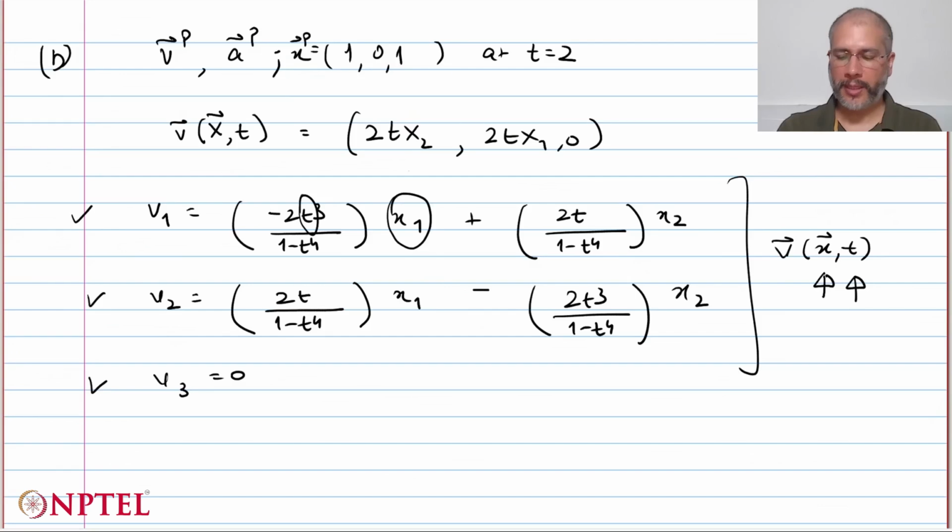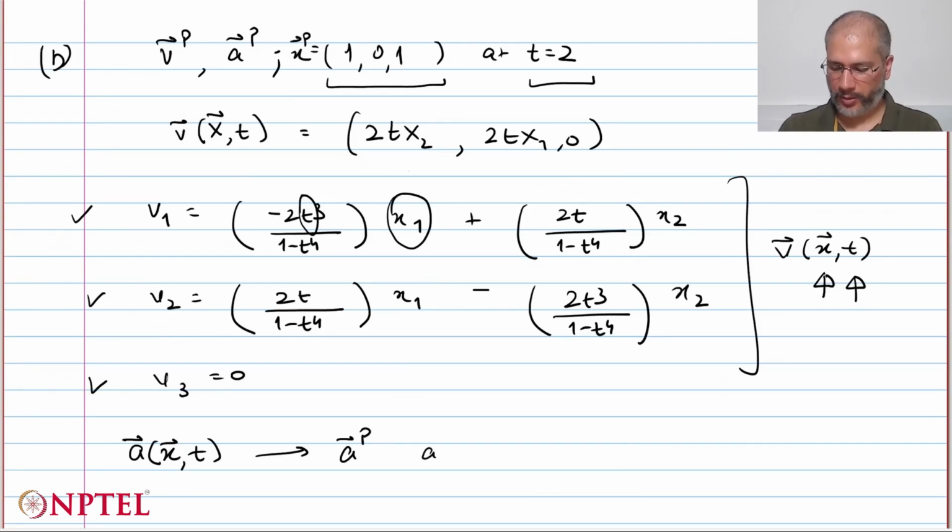And since we want to find the velocity of a given particle position and a given time, you can substitute these and get the value that is required. I'll let you do it, and I'll also let you figure out the acceleration field as a function of small x and t, and then use that to find the acceleration of the point P, that is the acceleration at small xp at the time t equals 2.